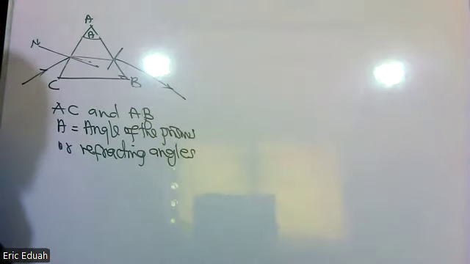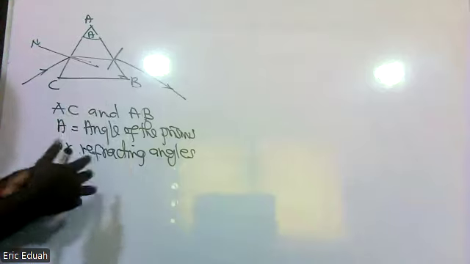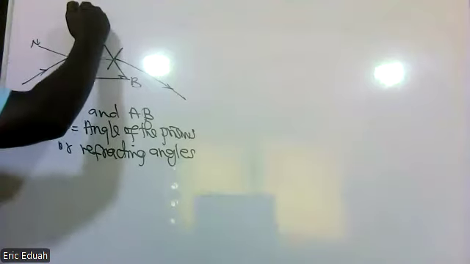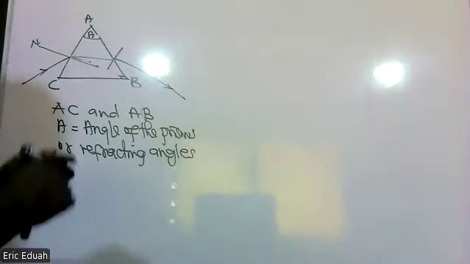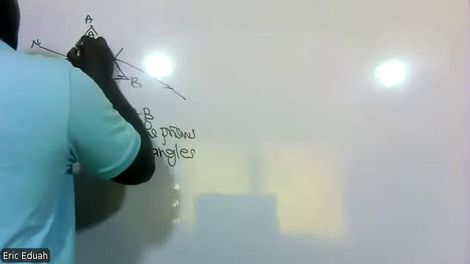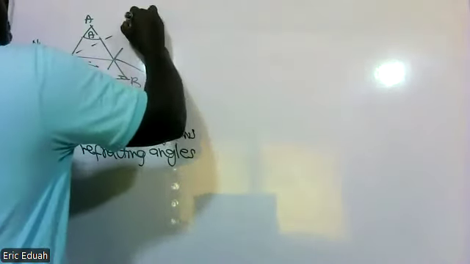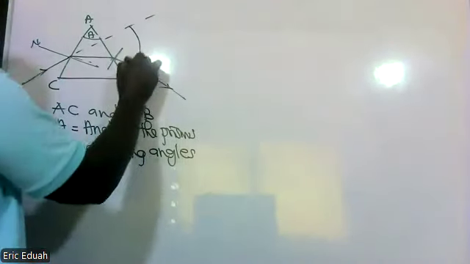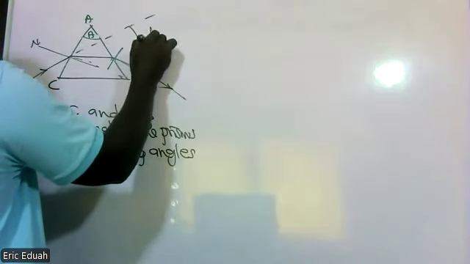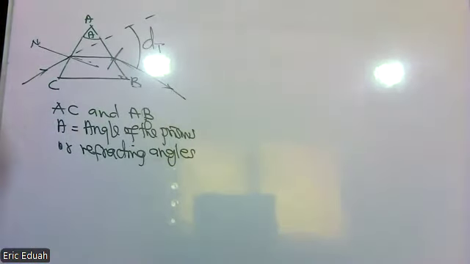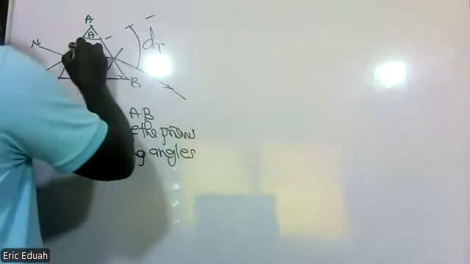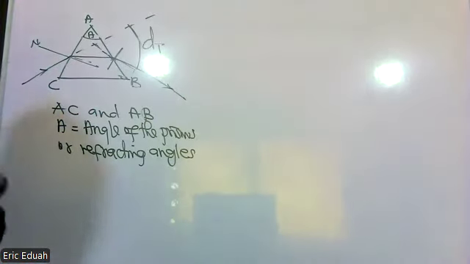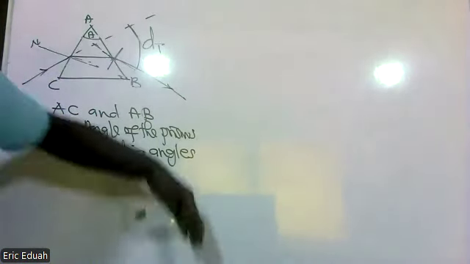Now, its advantage is that it is able to combine refraction at plane AC and refraction at plane AB to give a larger value of deviation. If this is the refracted ray, this gives the total deviation dt, which is the combination of deviation over here and then over here.